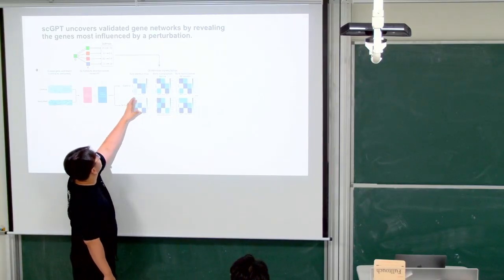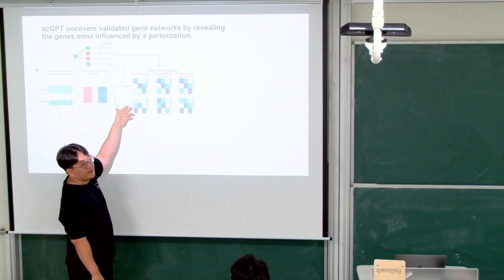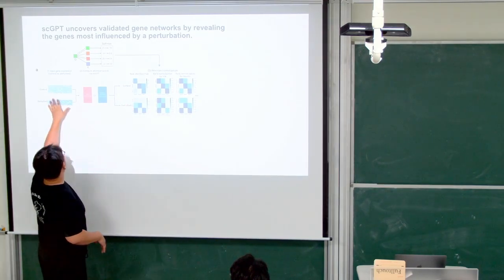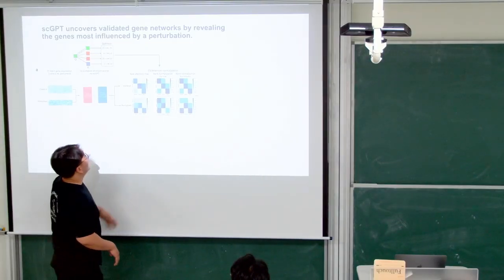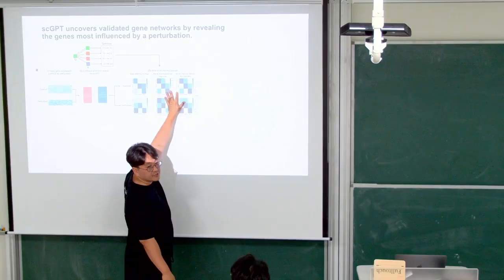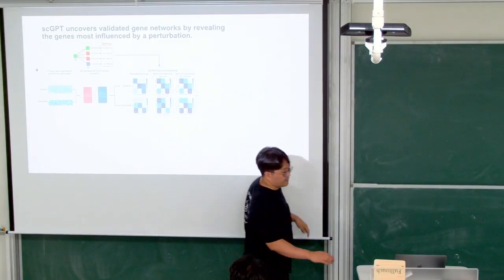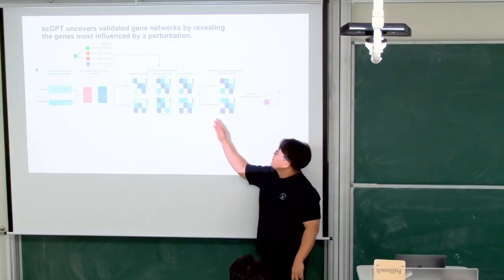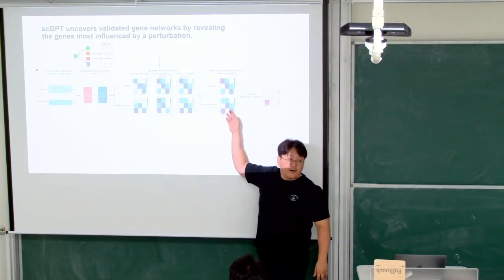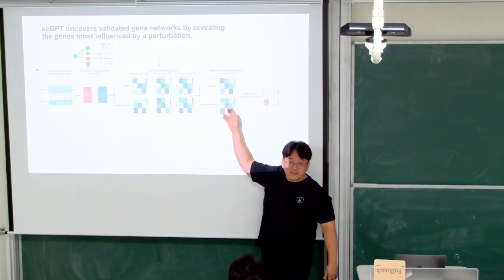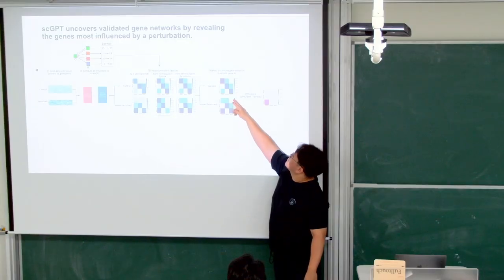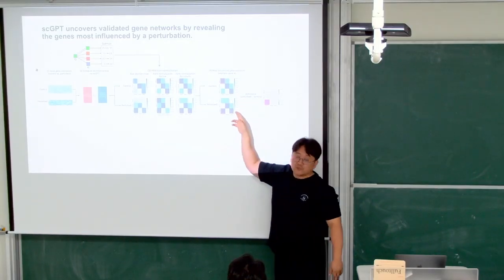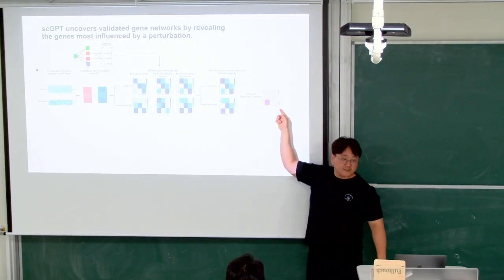They use this attention score structure to compare the control and the perturbation experiment. After normalization, they finally obtain these normalized average matrices, and then they subtract the two matrices to find the difference.